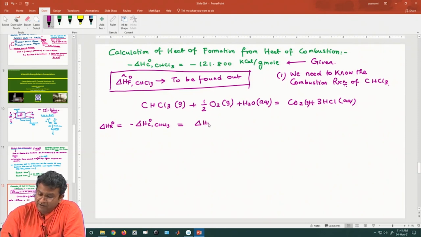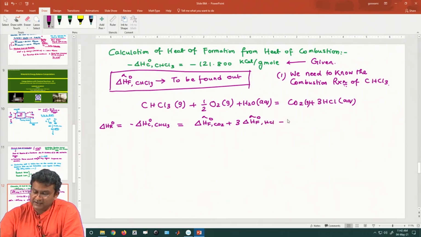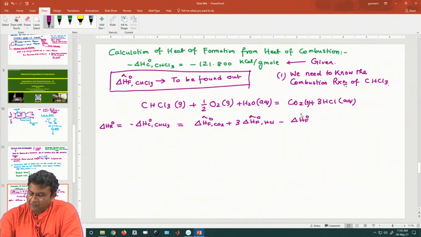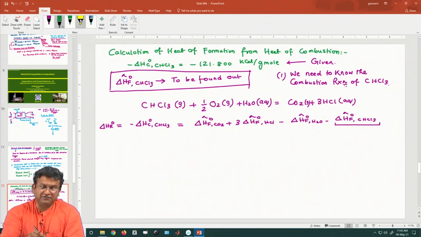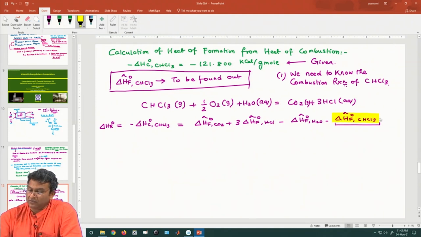It is going to be the heat of formation of carbon dioxide plus thrice the heat of formation of hydrochloric acid minus the heat of formation of water minus the heat of formation of CHCl3. So, this is what you need to find out. This is the stuff that you need to find out, right.